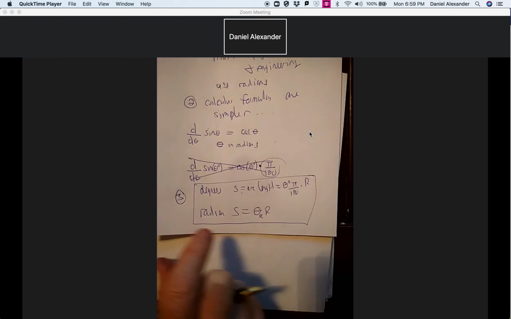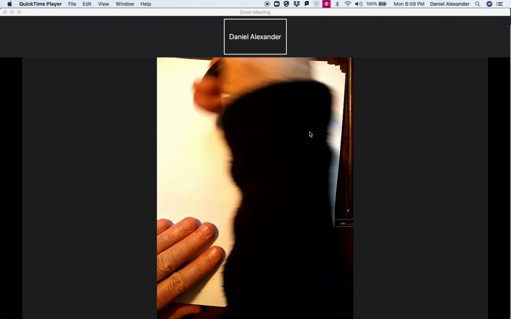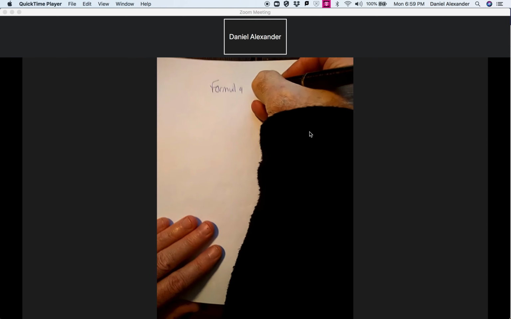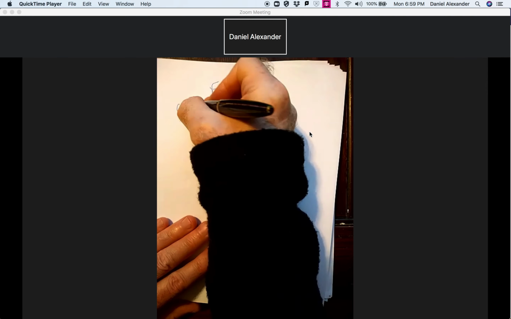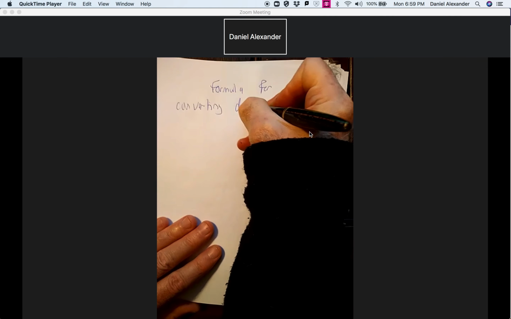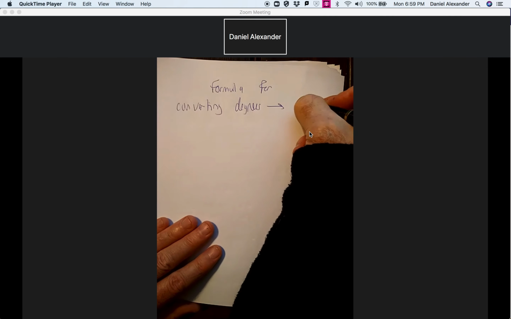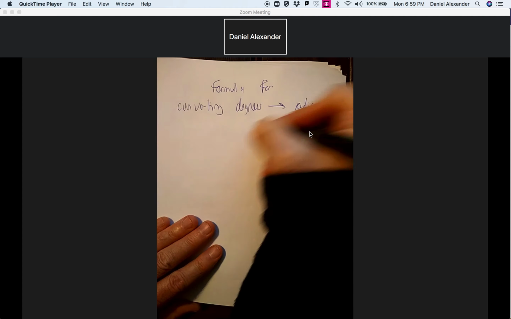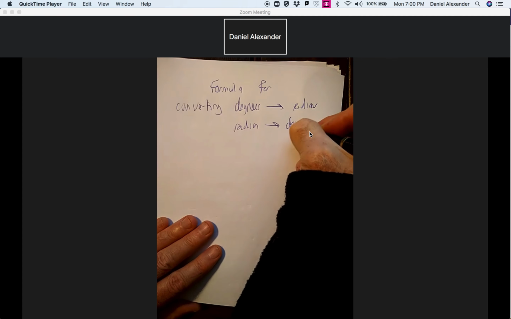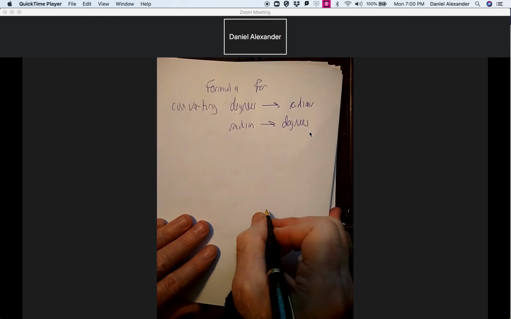Now I want to do the formula, and that'll be the last thing, for converting degrees to radians and vice versa, radians to degrees. It's basically the same formula.